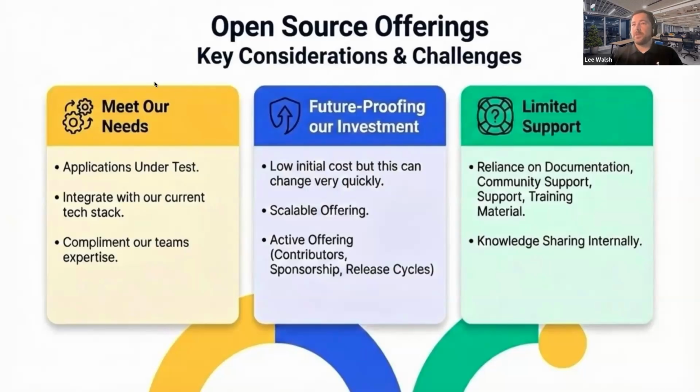So firstly, you can see here, starting from the left-hand side, does this offering meet our needs? Okay, so for applications under test, when we consider testing our applications, we need to consider the scope and our requirements. At a very high level, we need to consider all types of testing required.